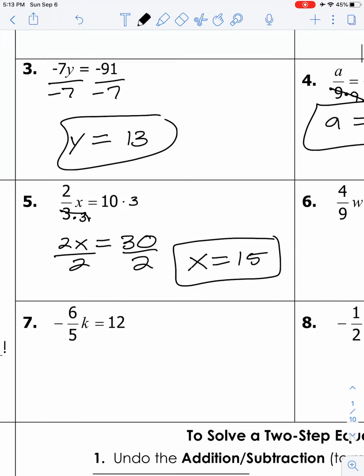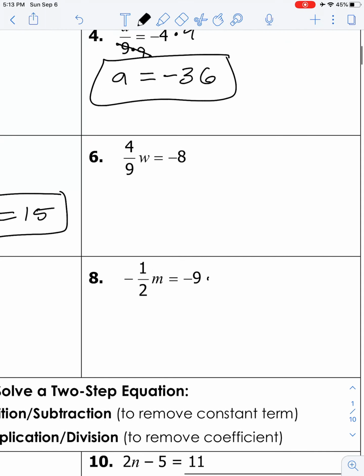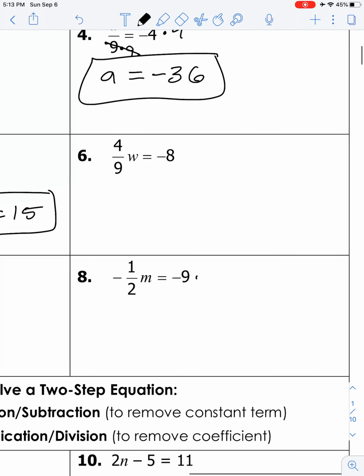Again, on number 6, we've got a fraction times a letter. We need to solve for the w. In order to solve for the w, we need to get rid of the bottom first. How do we get rid of the bottom? We're going to multiply each side by the bottom. That's going to get rid of what's on the bottom.